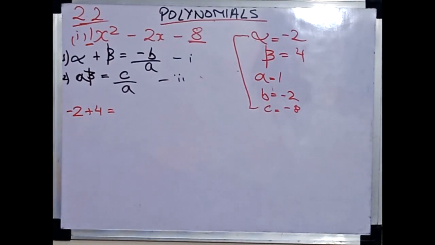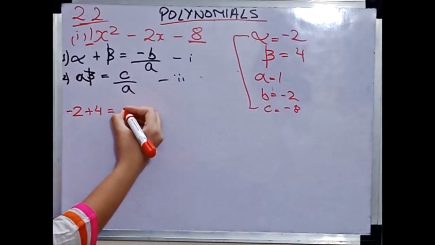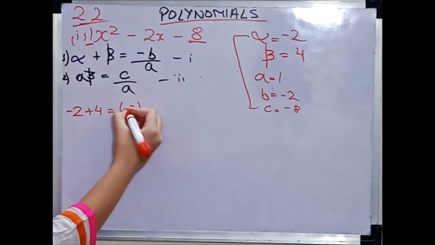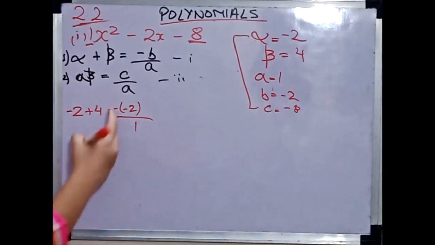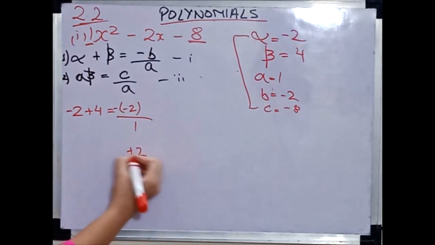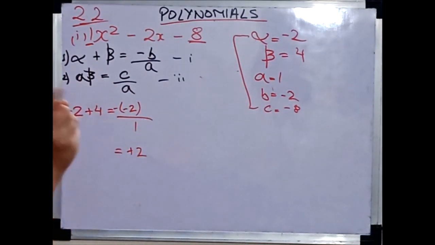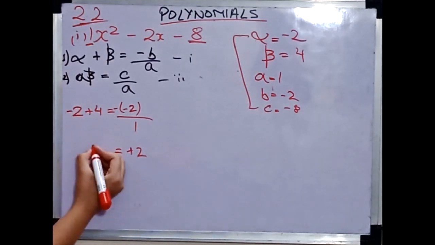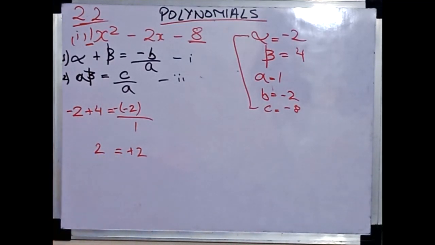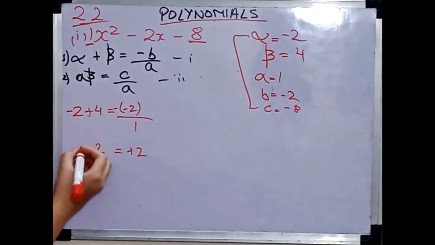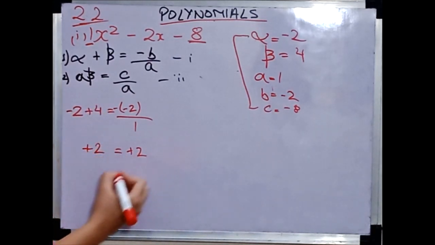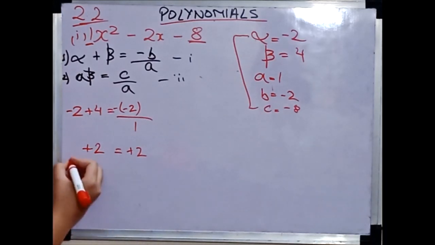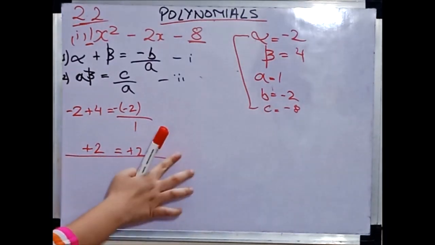You just have to put in the formulas. Minus b, but I have to put it like this, upon a. Minus minus becomes plus 2, equals minus 4 plus 2 which is minus 2, but we'll take the sign of the greater number, that is plus. Hence it's verified.